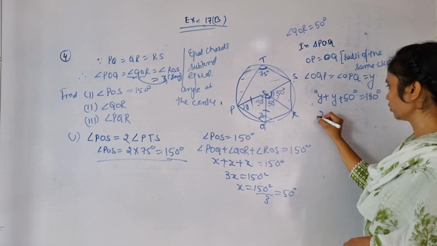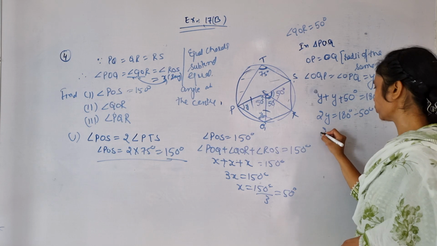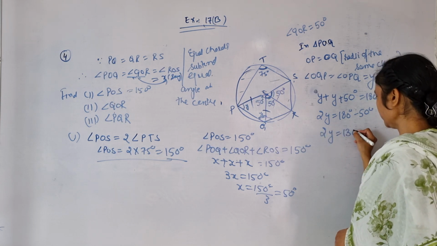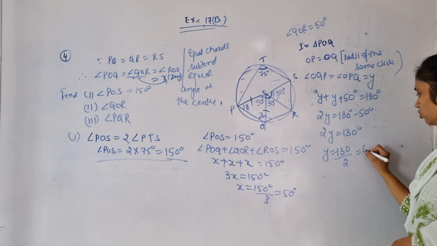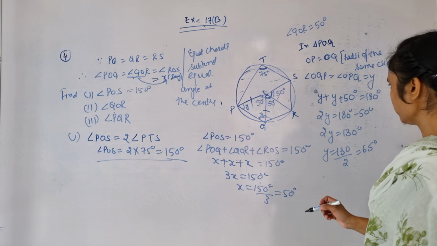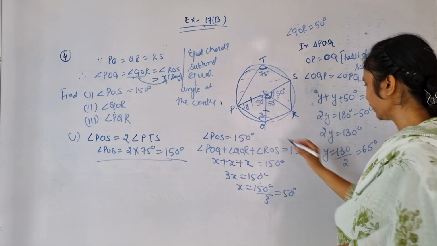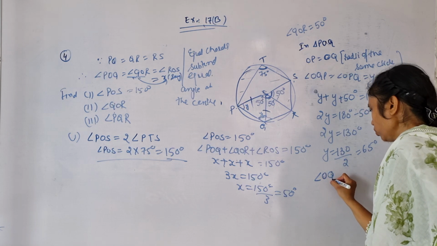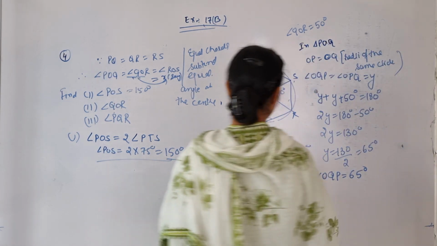Shift 50 to the other side: 2y is equal to 180 degrees minus 50 degrees, 2y is equal to 130 degrees. So y is equal to 130 by 2, which is 65 degrees. Angle OQP is equal to 65 degrees.